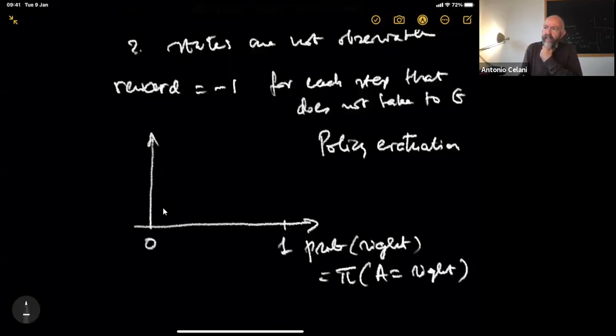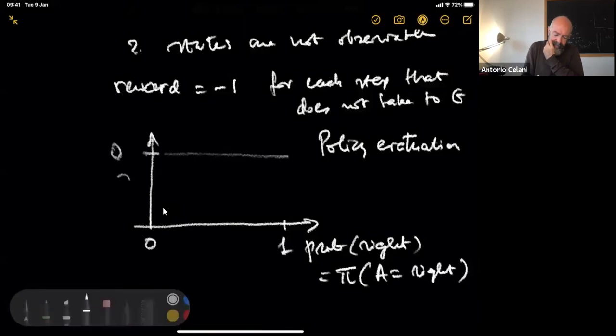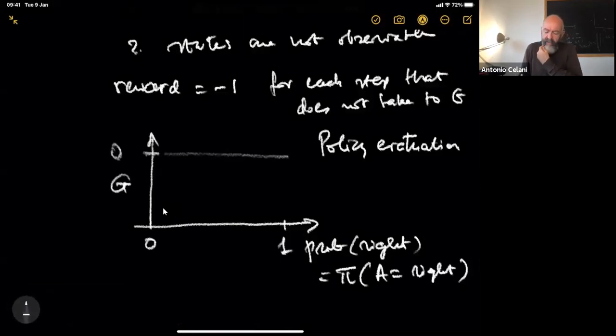And if you do this exercise, you will discover that, so this would be the 0 level, your G as a function of this policy has a form like this, with a maximum somewhere here.